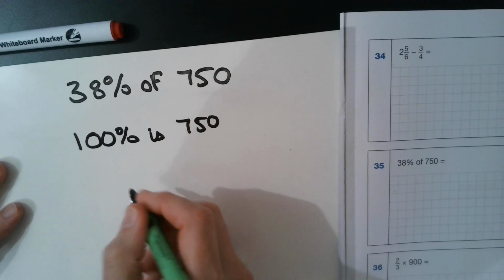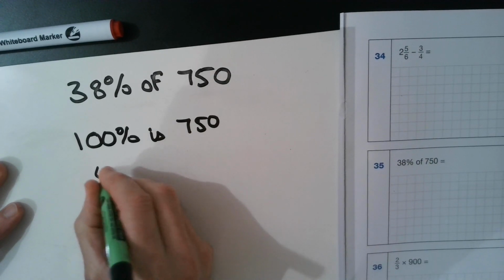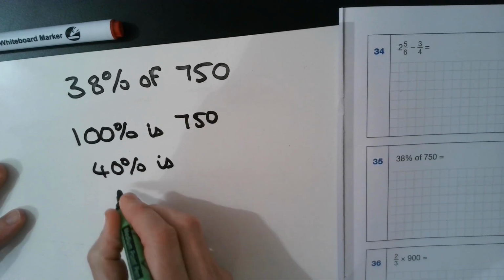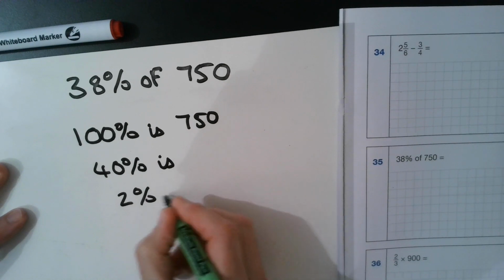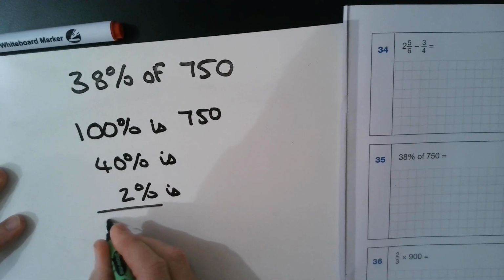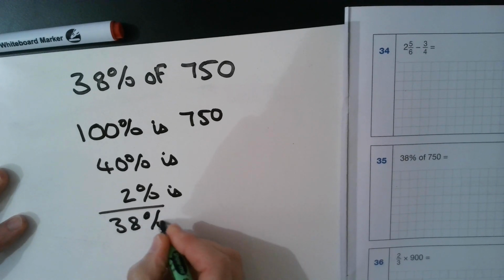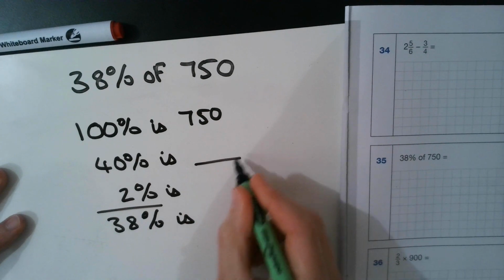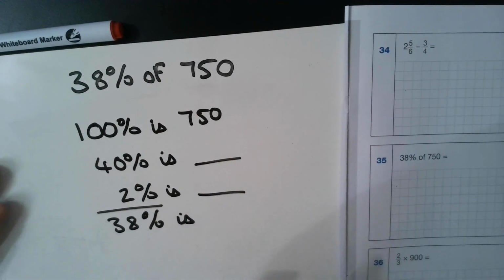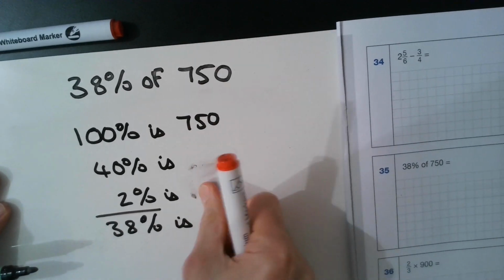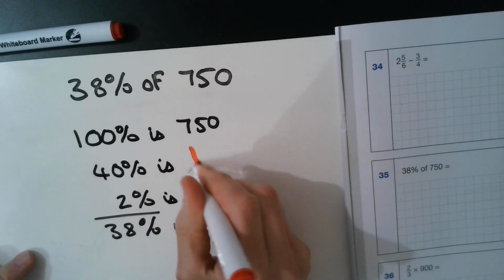So I'm going to work out 40%, and I'm going to work out 2%, because I know that if I subtract 2% from 40%, that will give me 38%. So I need to work out 40% and 2%. So, what are those numbers going to be?